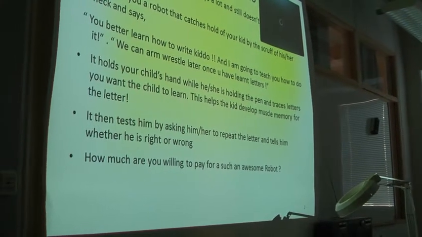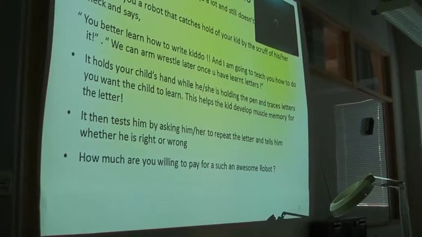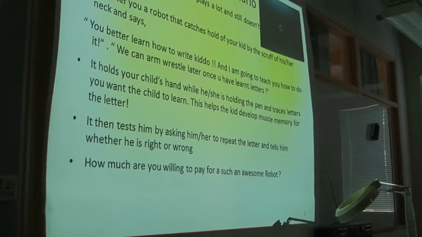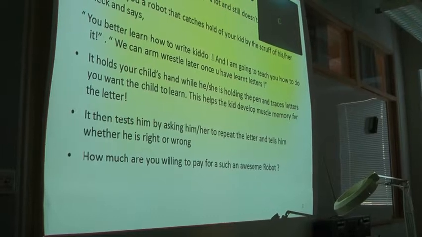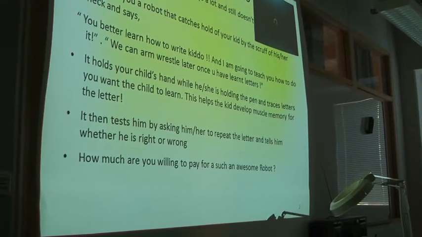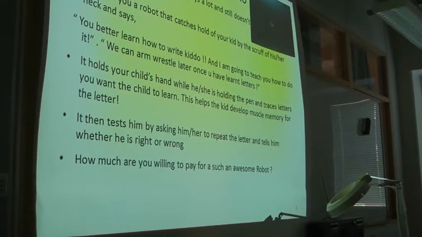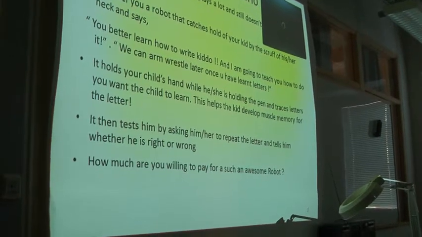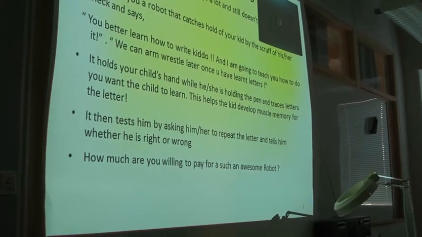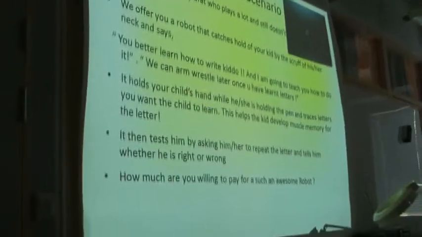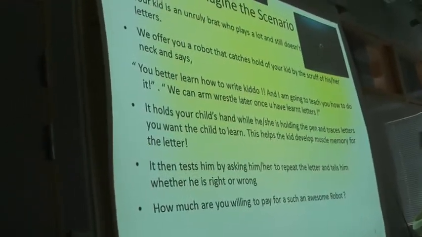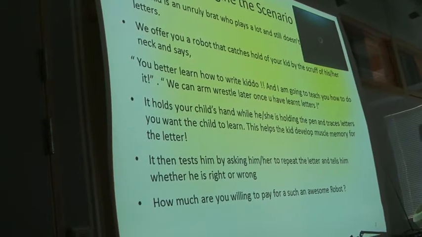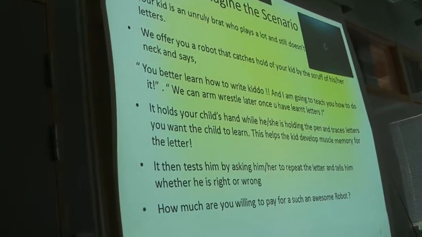Anyway, basically this is the scenario we wanted to construct for our robot. The concept was that we get a robot to teach a kid how to write letters. Small children usually don't have control over their own muscles, which is why, through kindergarten and nursery, you ask them to draw lines and circles before they start writing letters.